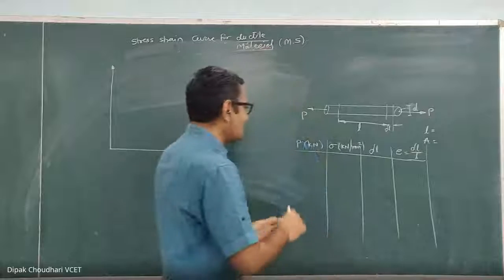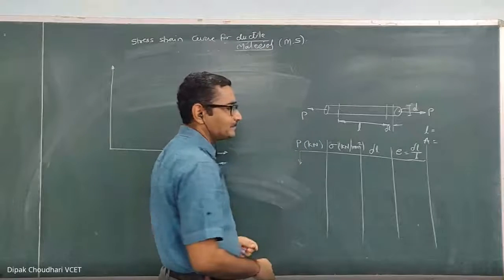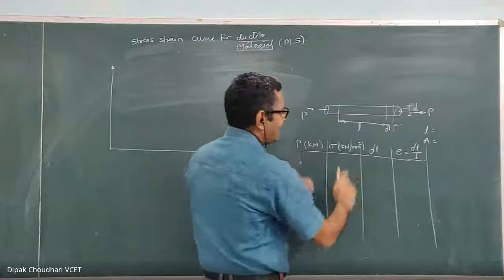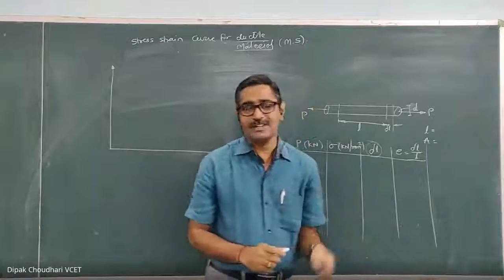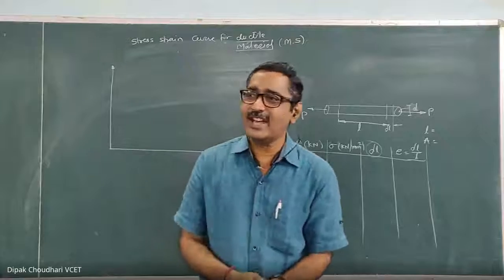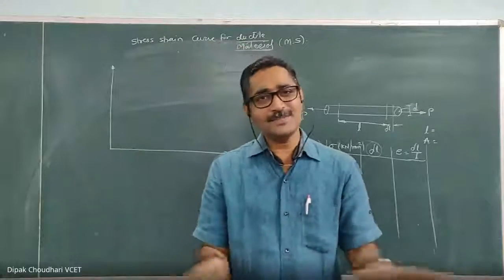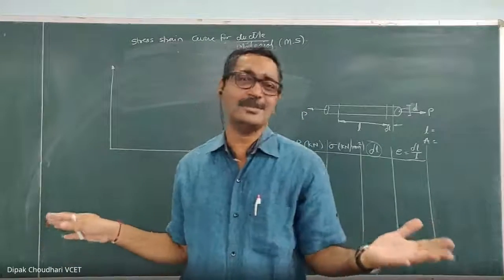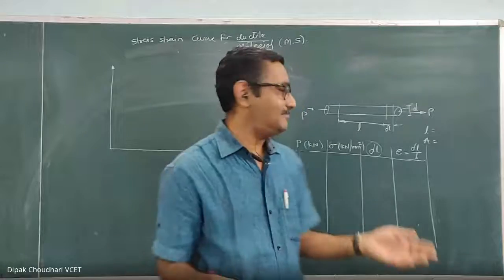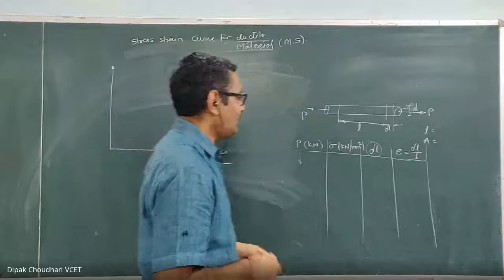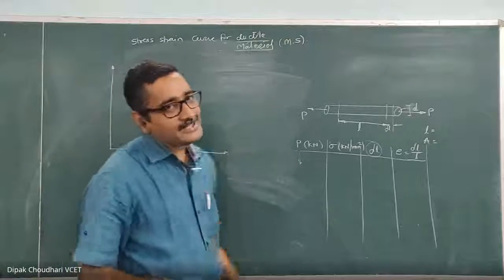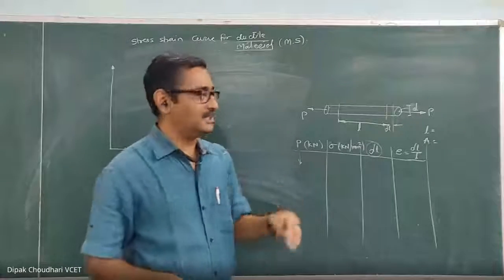Slowly I am going to increase this force P, and simultaneously calculate the stress and measure the elongation. I can measure P and the elongation directly from this machine. There are sensors and a digital machine, so we can easily measure force P and delta. Even a very small change we can record because it is a digital machine.